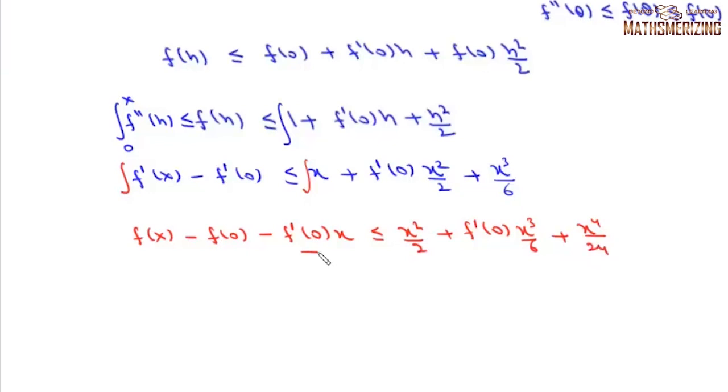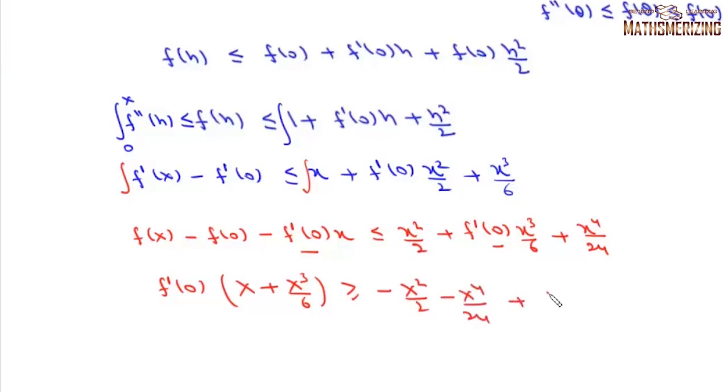Now we'll take f dash 0 together. So we can write f dash 0 x plus x cube upon 6 is greater than or equal to minus x square upon 2 minus x to the power 4 upon 24 plus fx minus f0.